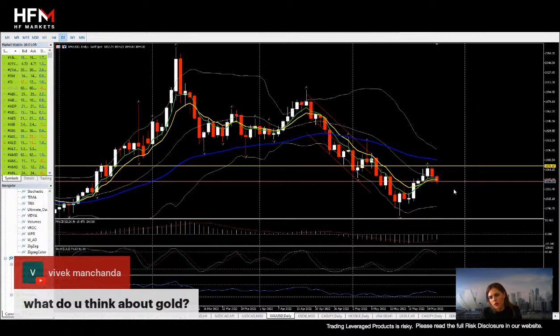we have seen gold turning back down below the 20-day moving average. MACD negative, RSI is turning lower, stochastic turning lower as well. The asset failed to break 1817, failed to move above the 50-day moving average.